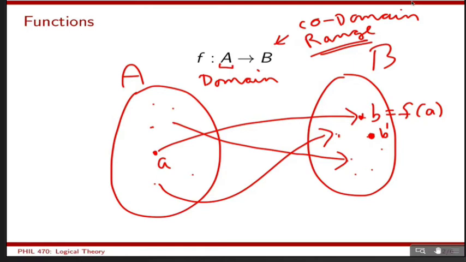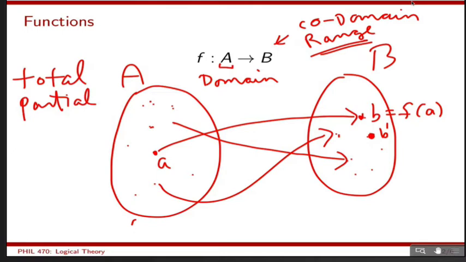One other point here. I said that not necessarily all the elements of the domain may be associated with elements of B. There's a distinction between a total function and a partial function. A total function just means that every single element of A, all the elements in the domain, are mapped to some element in B. For a partial function, that may not necessarily be true.